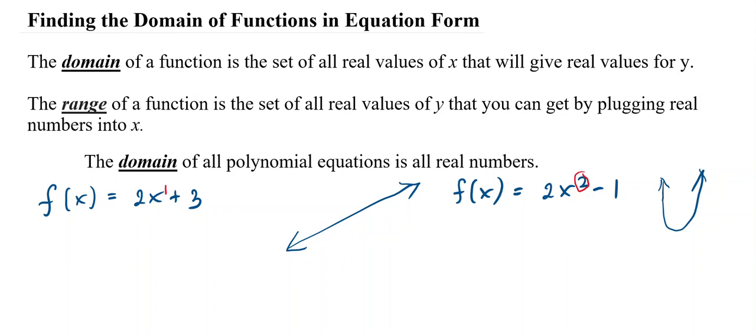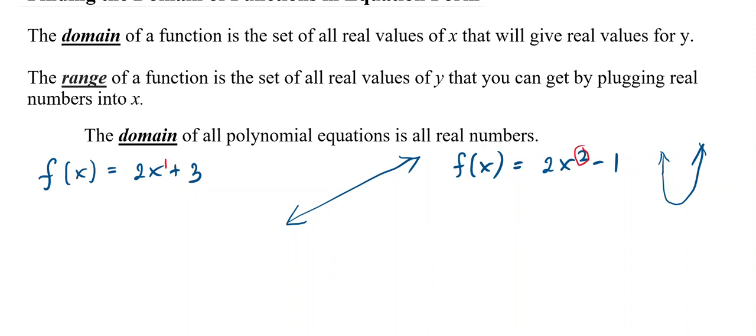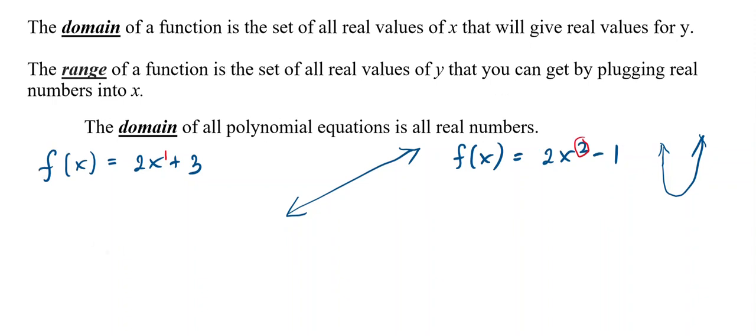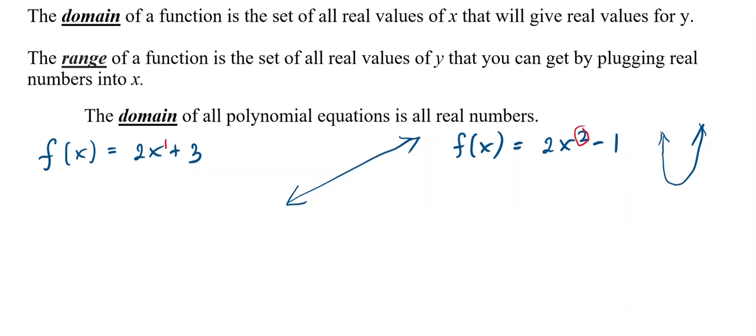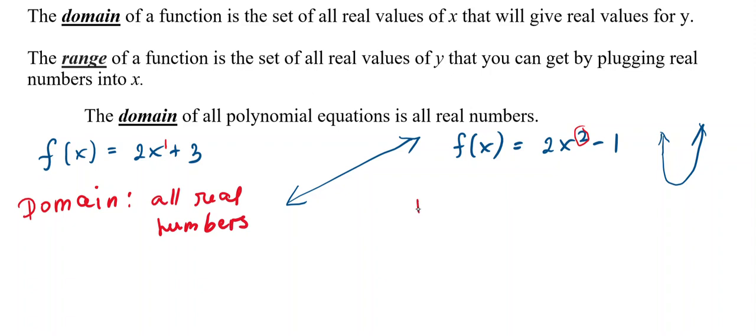So these two are both functions where the domain is all real numbers. We're going to say that the domain of this function is all real numbers, and here we're also going to say it's all real numbers.